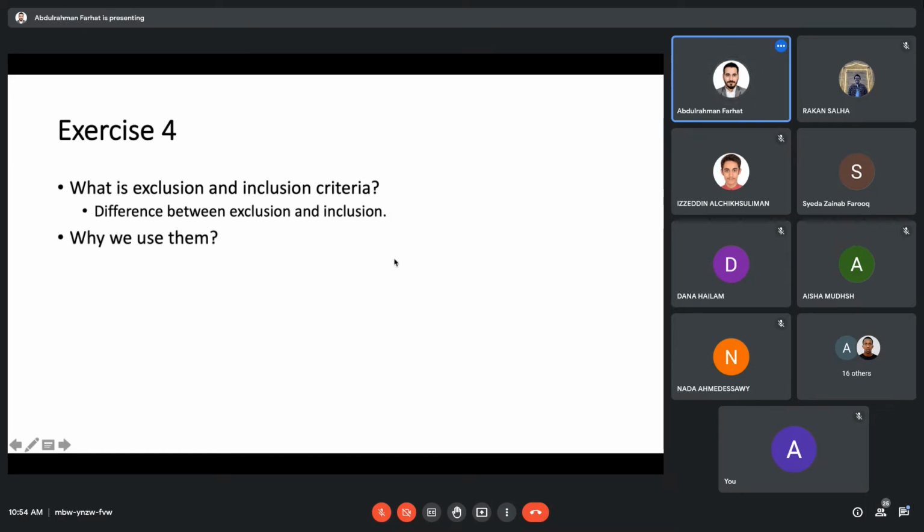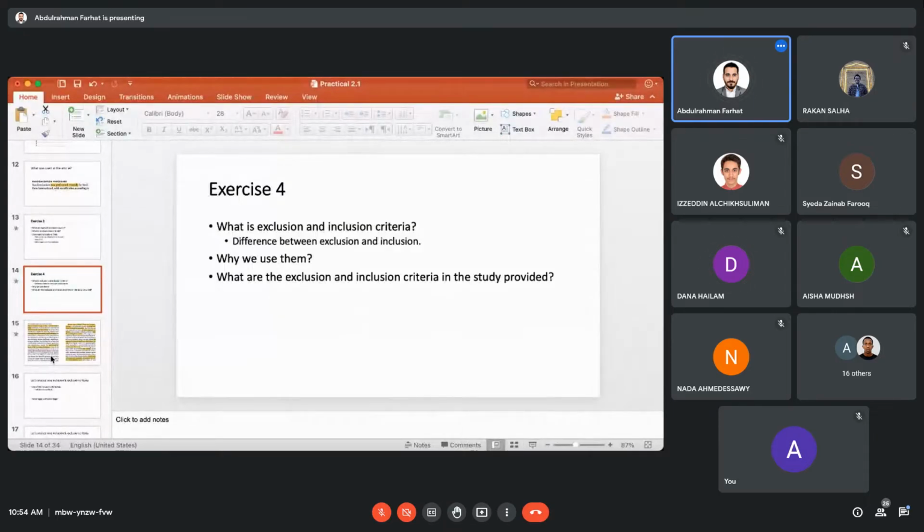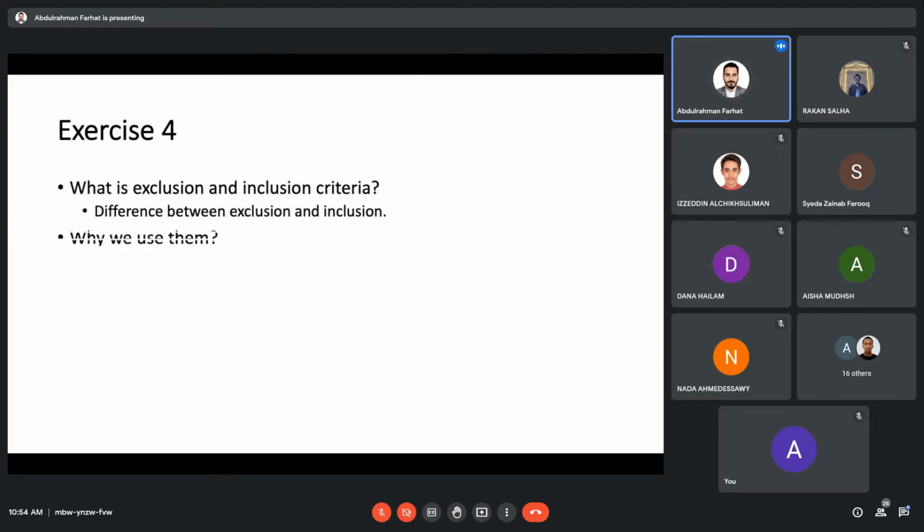Why do we use inclusion and exclusion criteria? What do you think, Sayyida Zainab? I think we use them so that we know whether we need to perform the study or not.